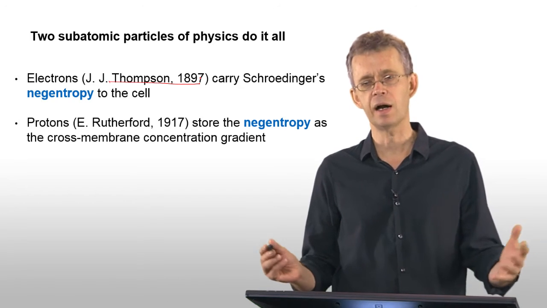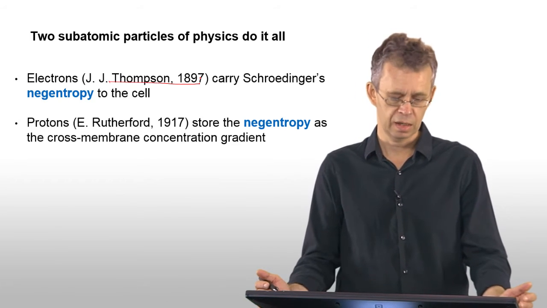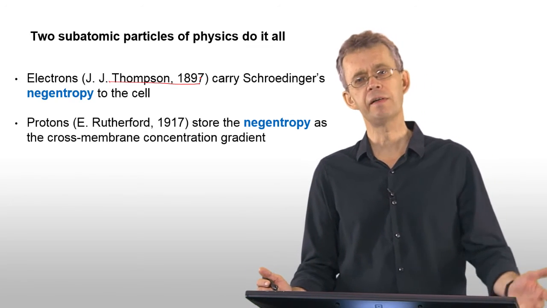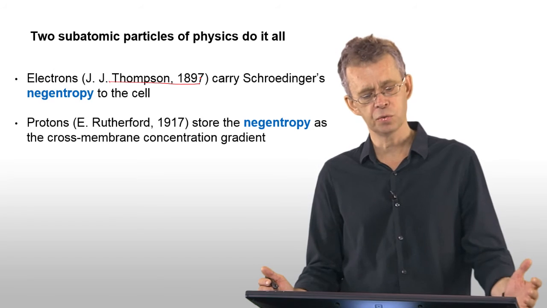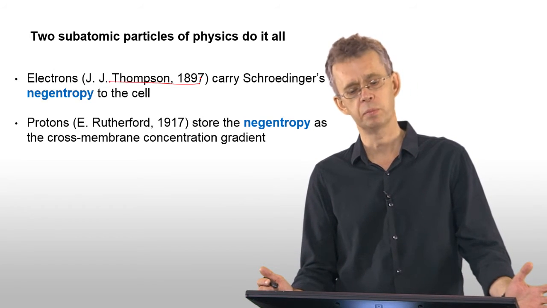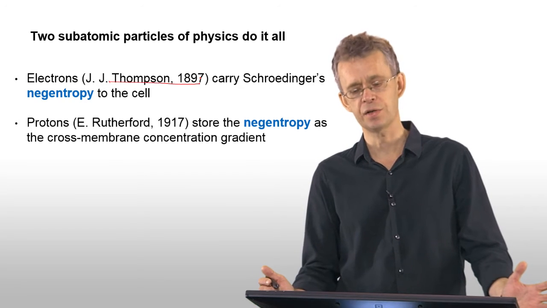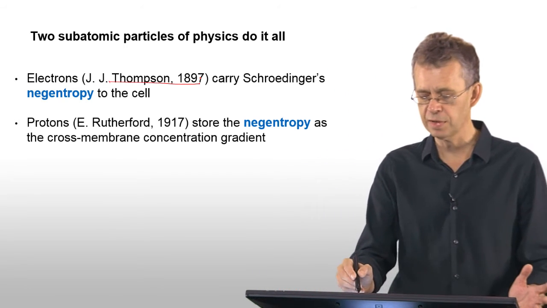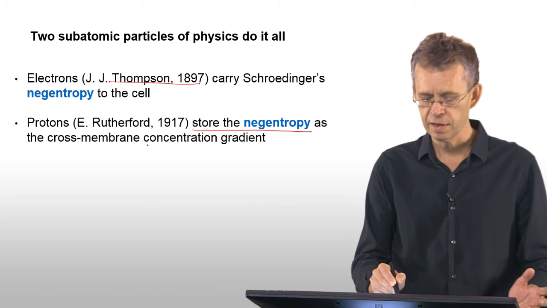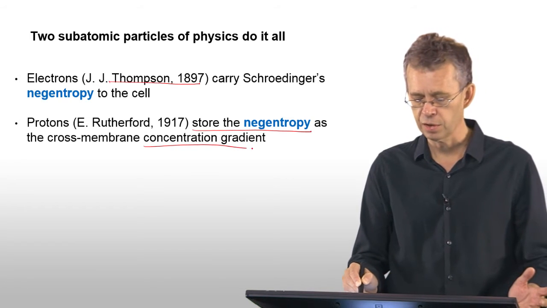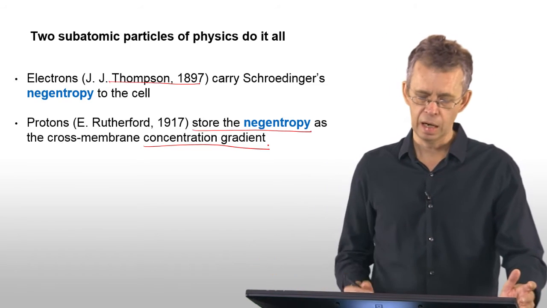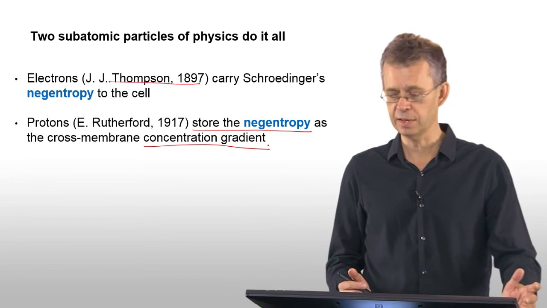So they essentially are carriers of Schrödinger's negative entropy to the cell. And once they're there, the energy is stored in terms of the gradient of proton concentration across the membrane. So the storage of this negative entropy is happening as the gradient of the concentration, meaning that the number of protons outside of the membrane is greater than the number of protons inside of the membrane.